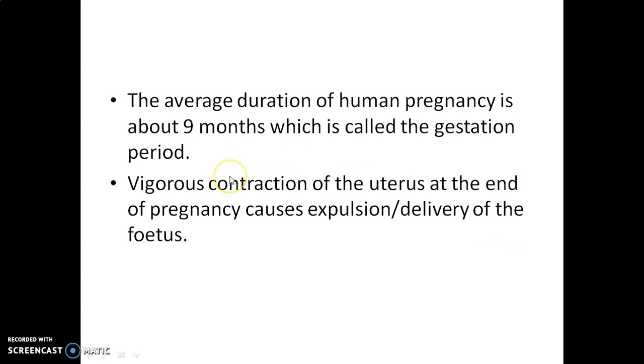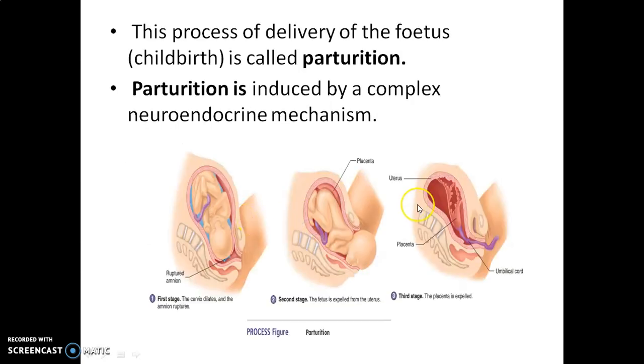The average duration of pregnancy is about 9 months in human and it is called gestation period. Vigorous contraction of the uterus at the end of pregnancy causes expulsion or delivery of the fetus. This process of delivery of the fetus is called parturition or childbirth.